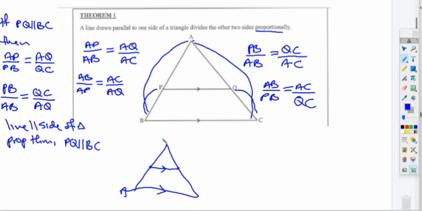So if we have A, B, C, D, E, the midpoint theorem was saying a line through the midpoint of a side parallel to the second side will bisect this third side. And the reason we were giving there, line through the midpoint parallel to a second side, right? That is the special case of the proportionality theorem.